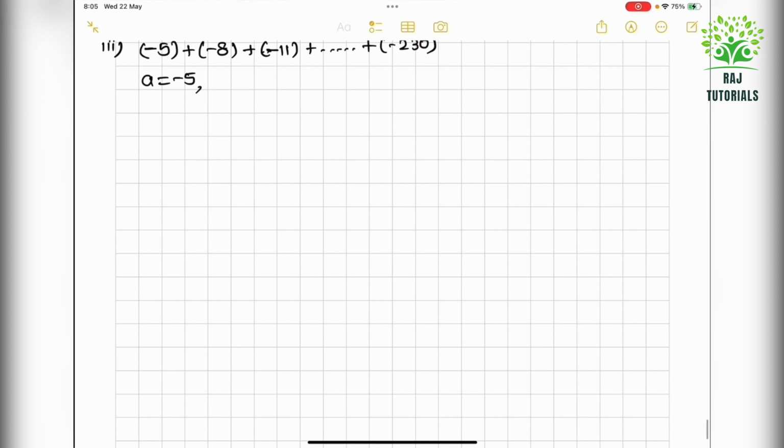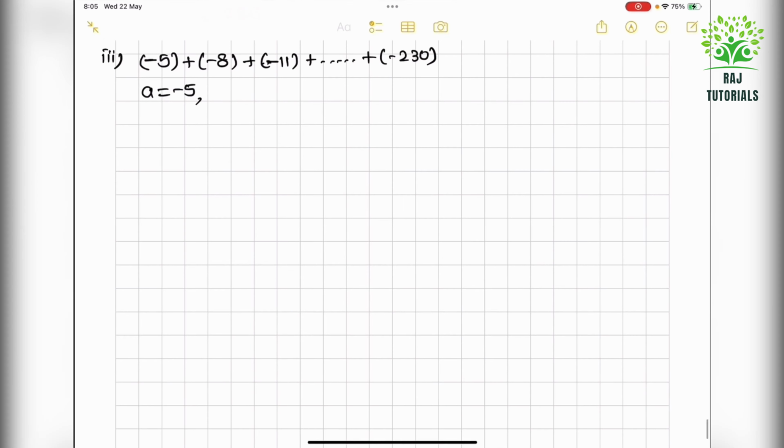Now third one is minus 5 plus minus 8 plus minus 11 dot dot dot till minus 230. So a is minus 5, d is minus 8 minus of minus 5, so minus 3, and an is minus 230. An equal to a plus n minus 1 d.